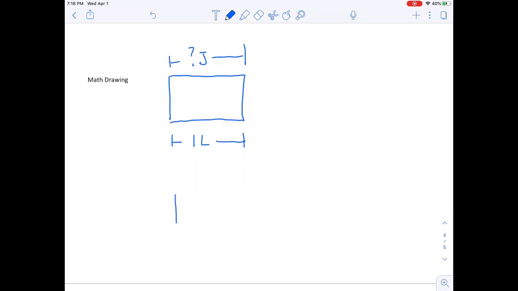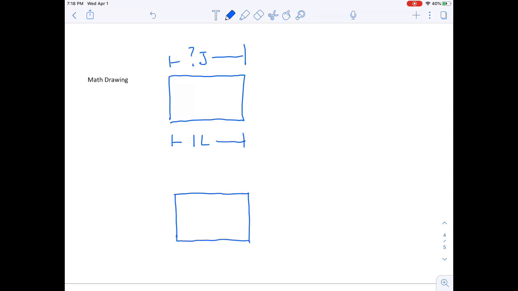We're going to do a math drawing. I am going to draw a rectangle. The rectangle is going to represent 1 liter, and we're trying to figure out how many jugs are needed for 1 liter. So I'll come along here and try to draw my same box.